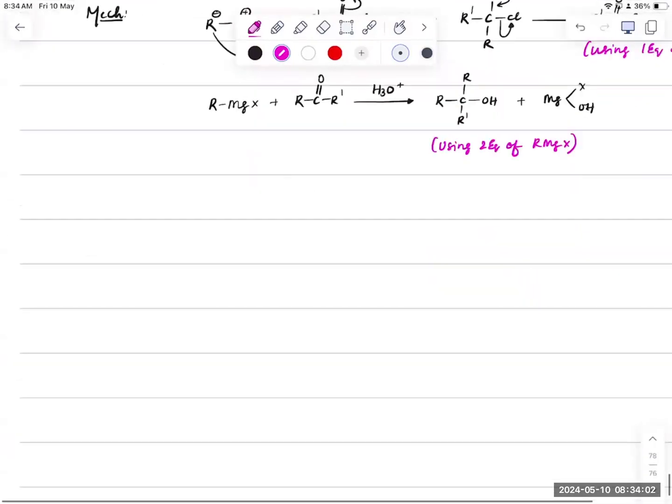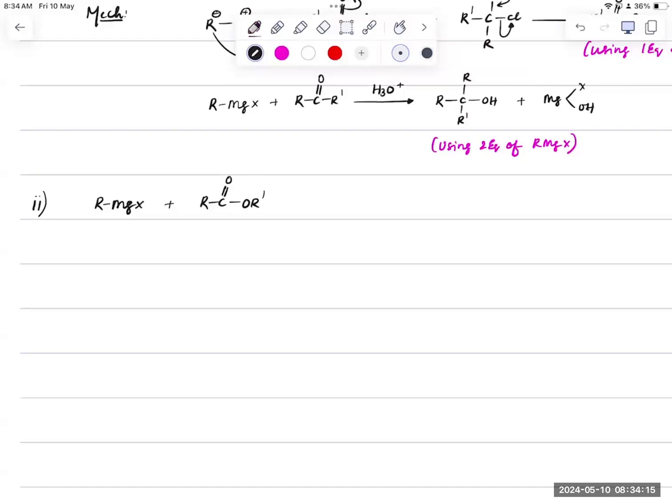Same logic applies to other acid derivatives as well. So suppose I take RMgX treating with R C double bond O O R dash, this is ester. When RMgX is treated with this one as well, let me take this carbon as CH3 just for convenience.